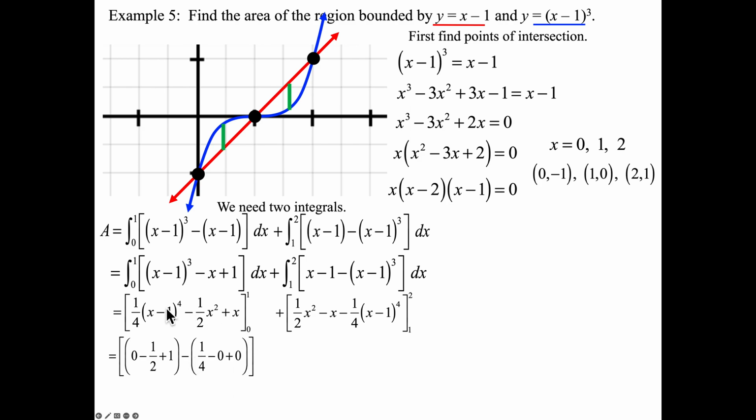Minus, put in the 0. That'll be negative 1 to the fourth, which is 1, so 1/4. This is a 0, this is a 0. Plus, upper limit goes in. 2 squared is 4 times a half is 2. Minus 2. 2 minus 1 is 1, to the fourth, minus 1/4. Minus the lower bound. 1/2 minus 1, then 1 minus 1 is 0.